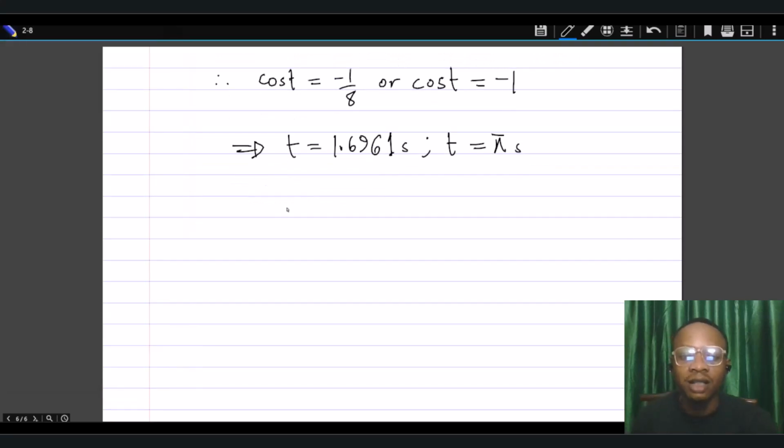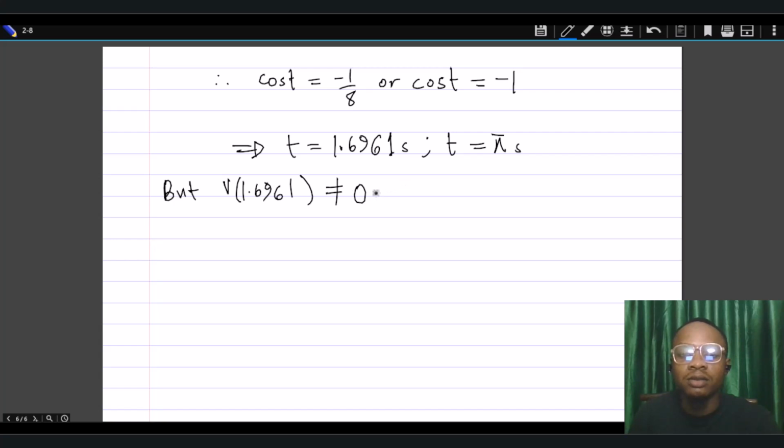So we now say that, on verifying, v at 1.6961 is not equal to 0.